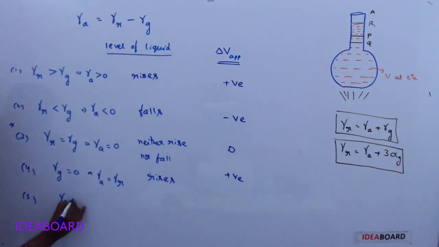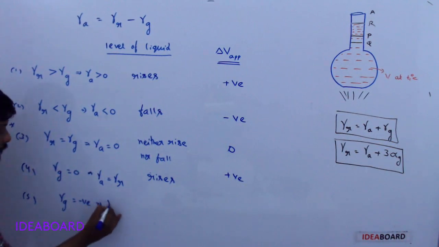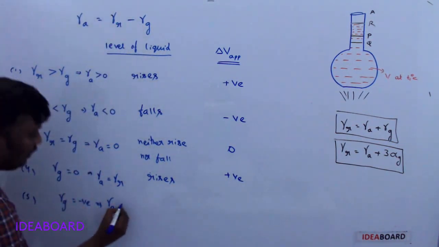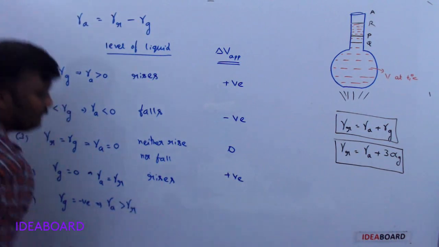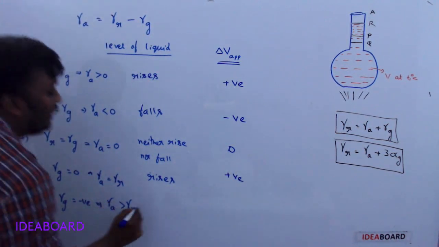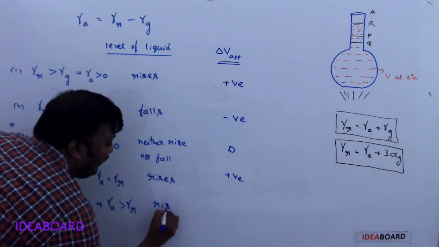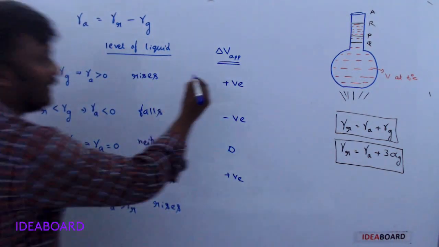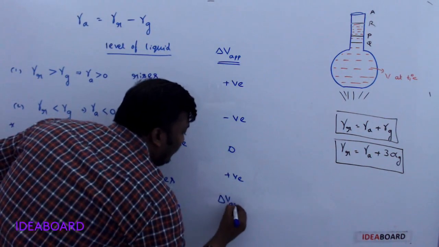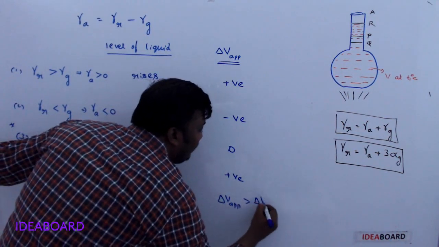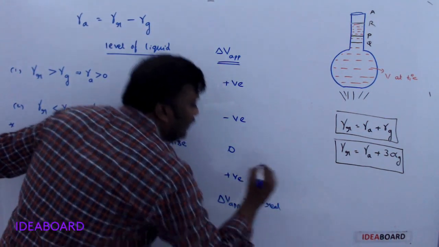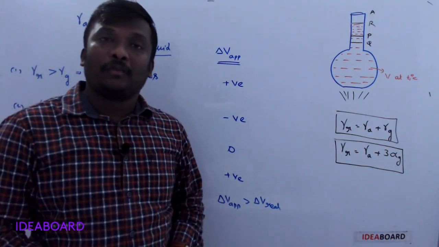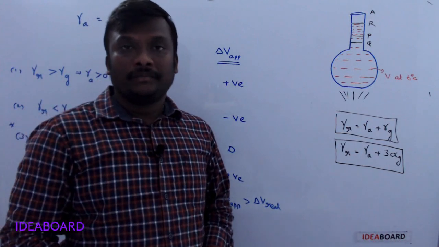And if the gamma G value is negative, then gamma A, negative of negative being positive, is greater than gamma R. If gamma A is greater than gamma R, again the level of liquid rises. Here the apparent increase in volume is more than the real increase in volume.